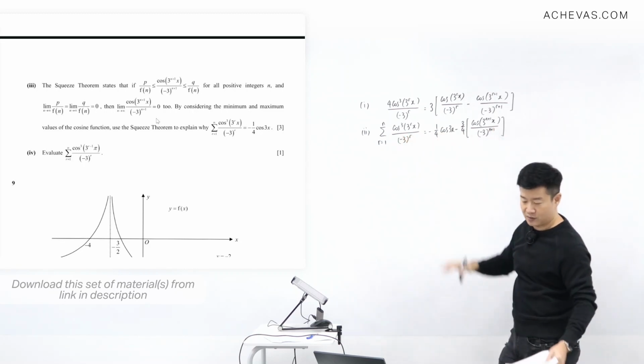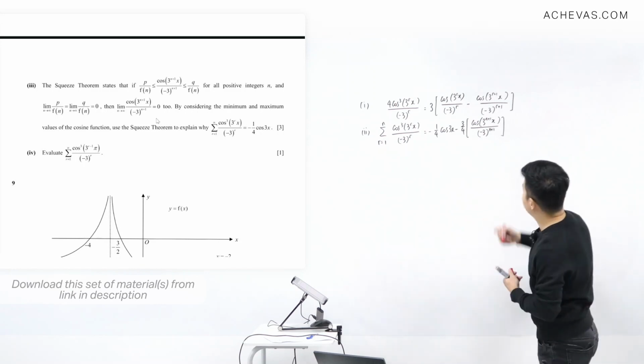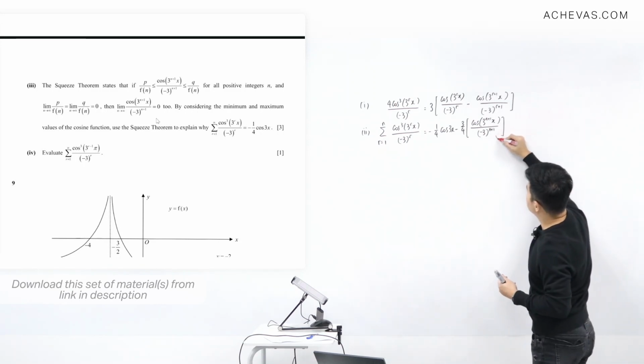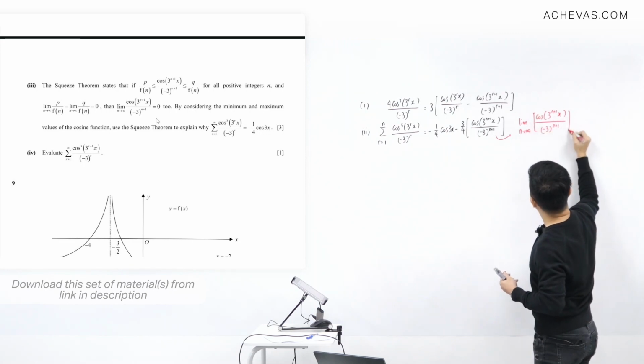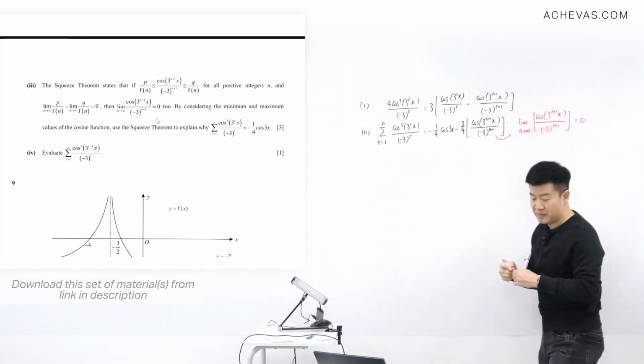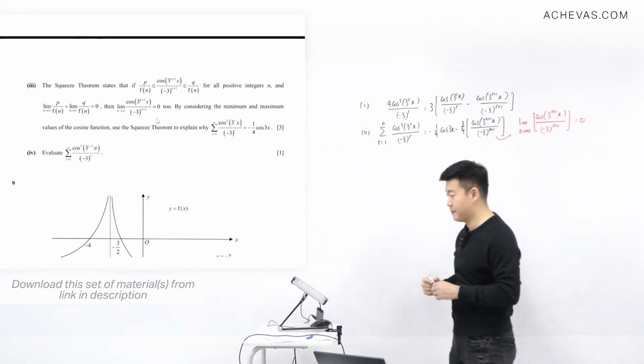That's what the question says. So our objective here is to show that the limit when n tends to infinity of cos 3 to the power of n plus 1 x over negative 3 to the power of n plus 1 is equal to 0 by making use of this squeeze theorem.